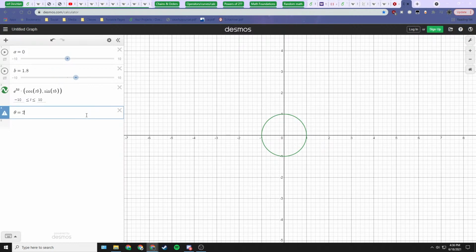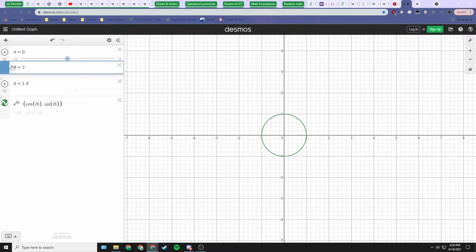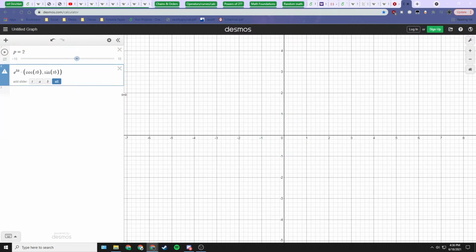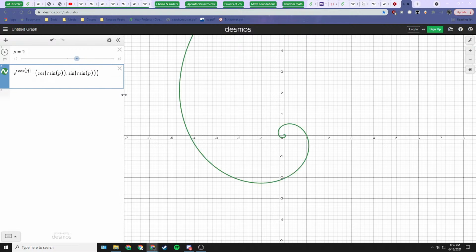Let's say p equals 2, and then instead of doing b, we can do sine p, and a should be cosine p.